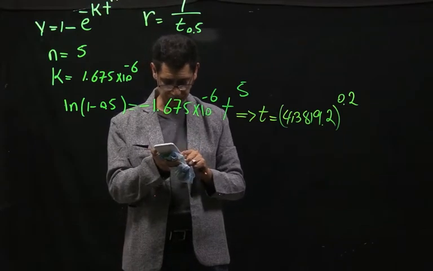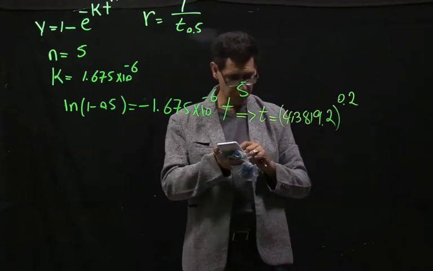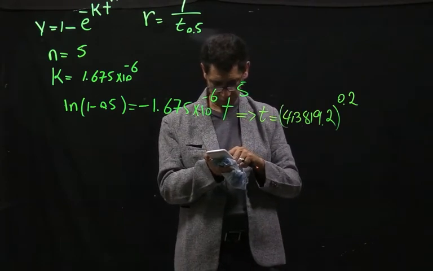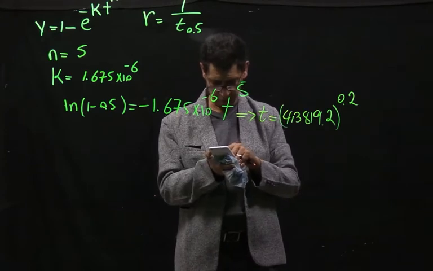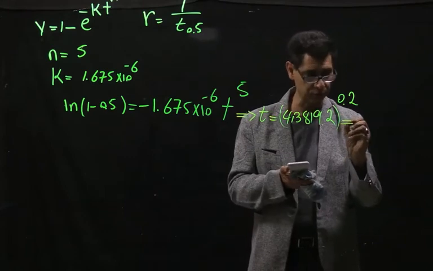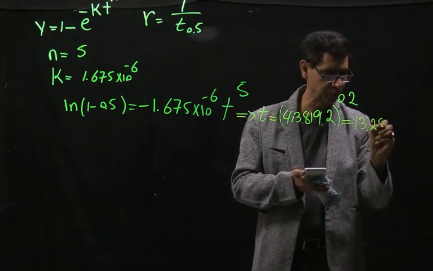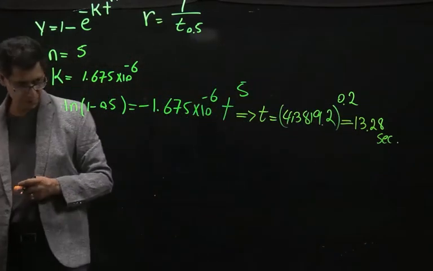That's correct. And then this to the power 413,819 to the power 0.2. That's correct. So from here, t is equal to 13.28 seconds.